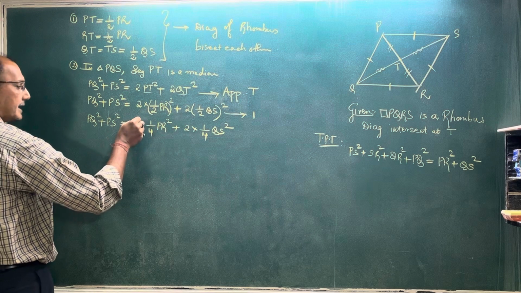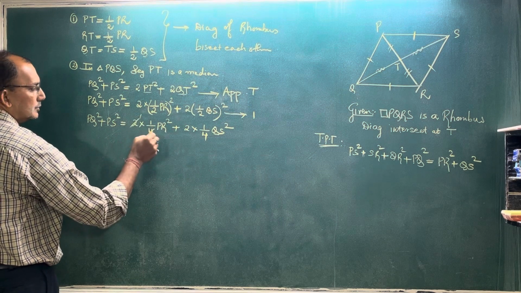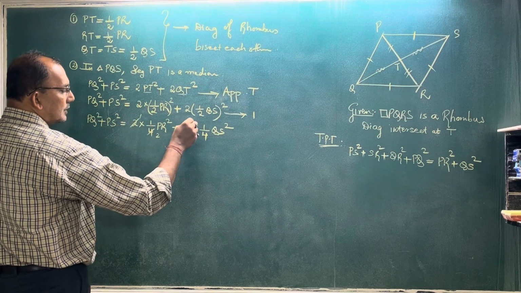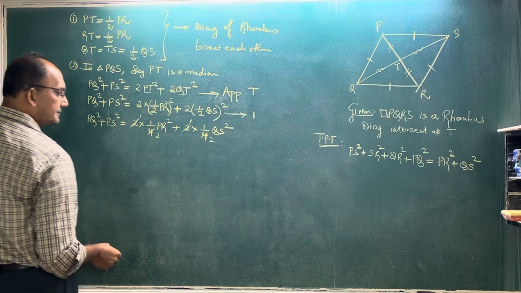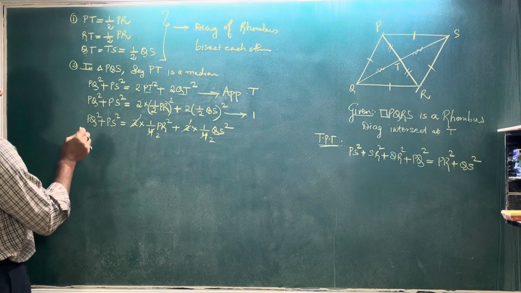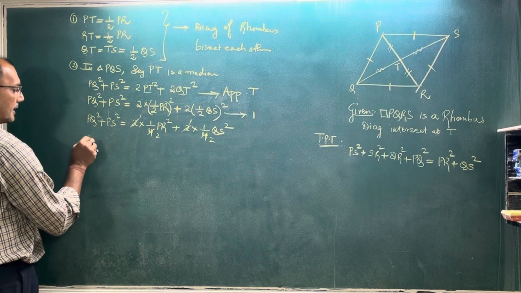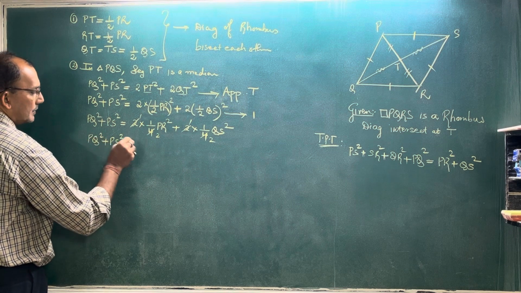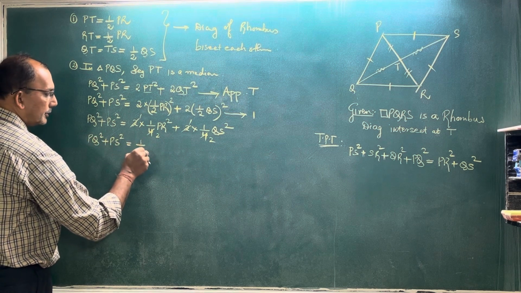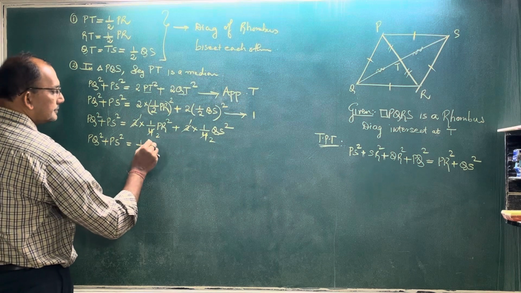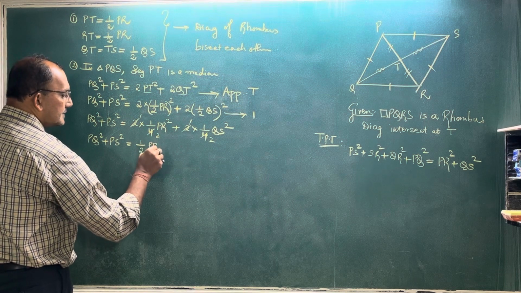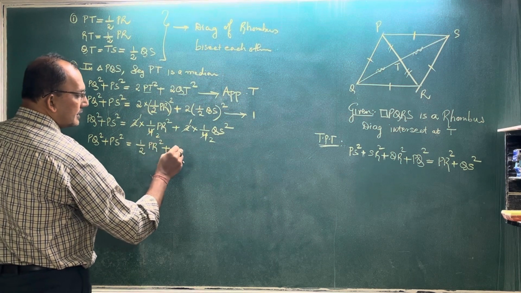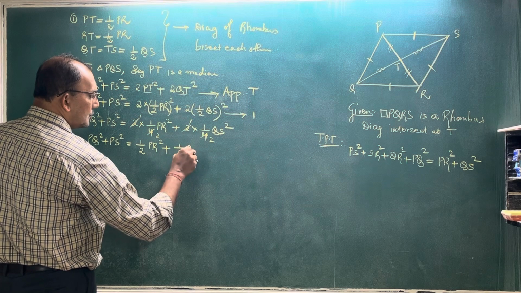So can we cancel it? 2 ones are, 2 twos are. Okay? So this gives me PQ square plus PS square is equal to 1 upon 2 PR square plus 1 upon 2 QS square.